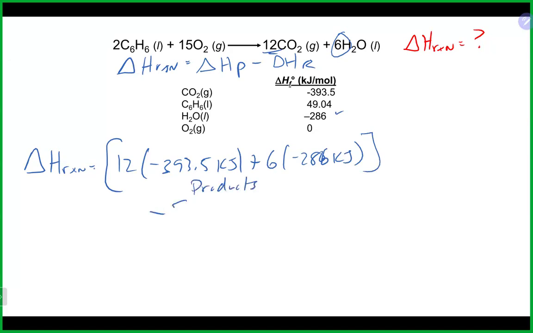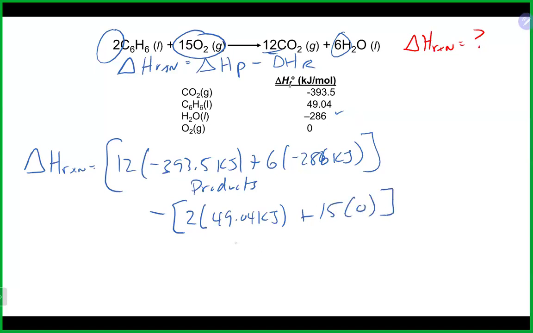We'll subtract from that our reactants. We have a 2 there for that compound, which is 4904, and we're going to add it to 15 times the value of O2, which is 0 in this case. That gets us 12 times minus 393.5 plus 6 times minus 286 minus 2 times 4904.